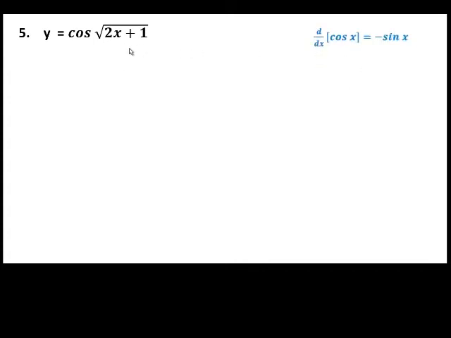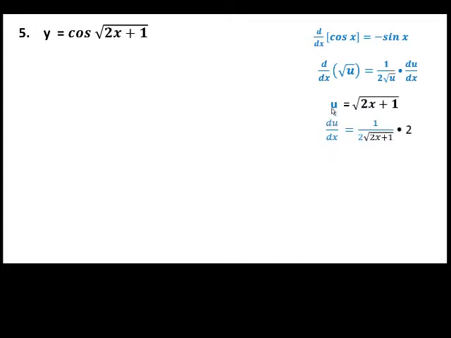So again, the derivative of cosine is negative sine, and we have here the derivative of the square root. So the derivative of the square root of u is equal to 1 over 2 square root of u times the derivative of u.